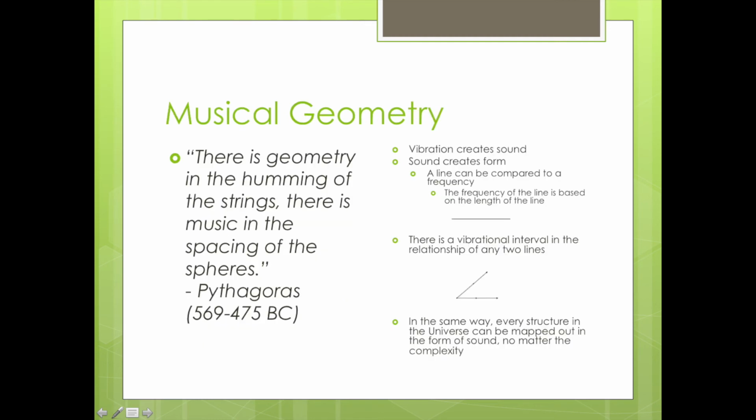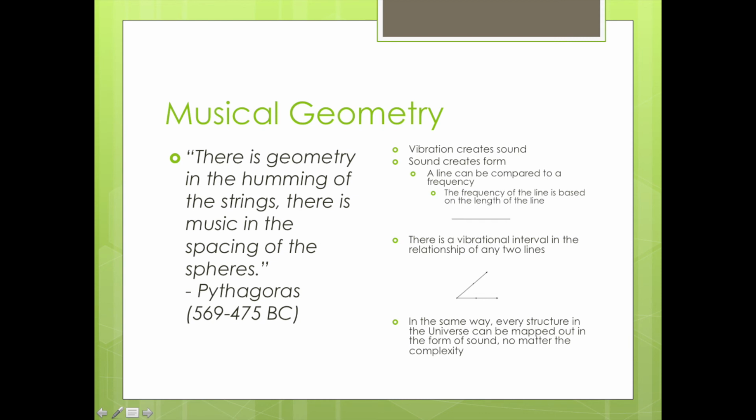I like the quote that says, "There is geometry in the humming of the strings, and there is music in the spacing of the spheres." This was said by Pythagoras many years ago. So we know that vibration creates sound, and sound creates form.